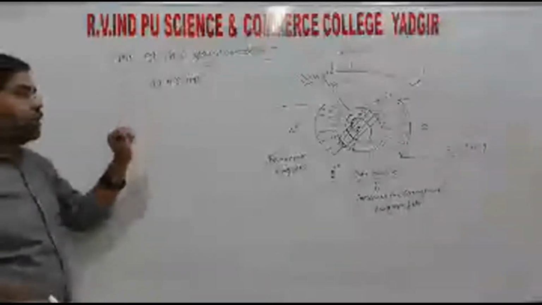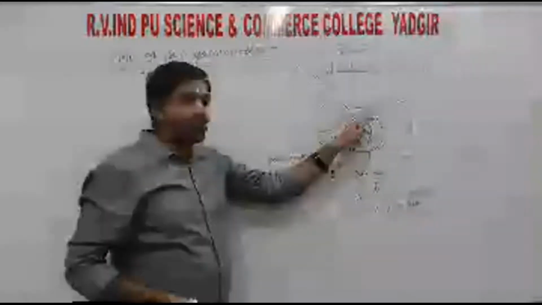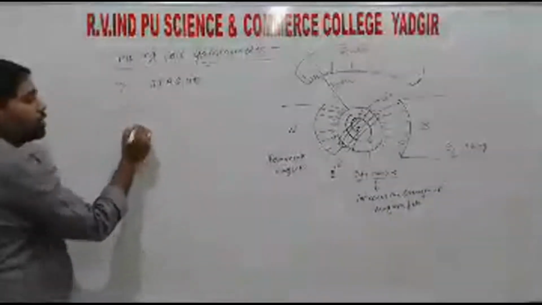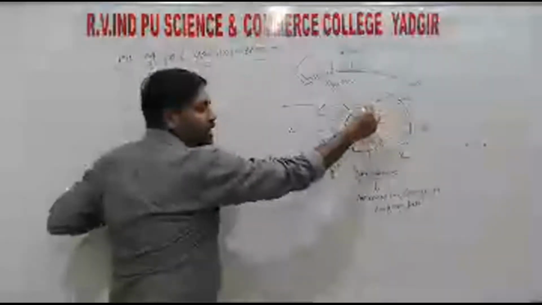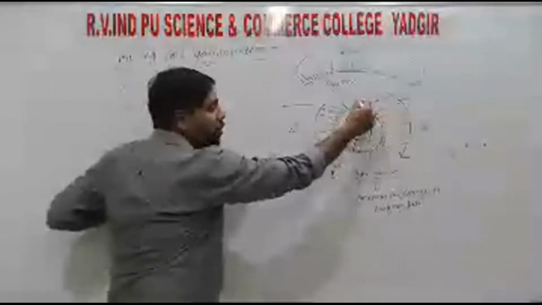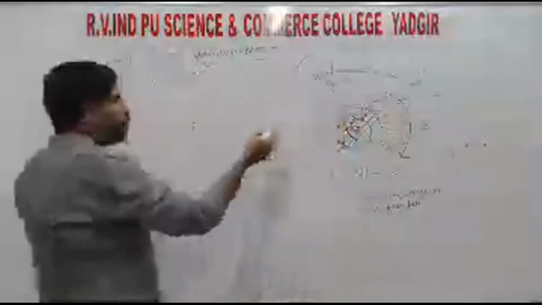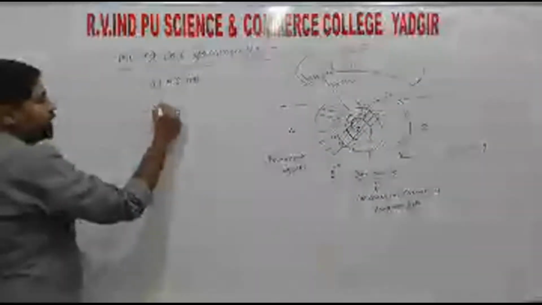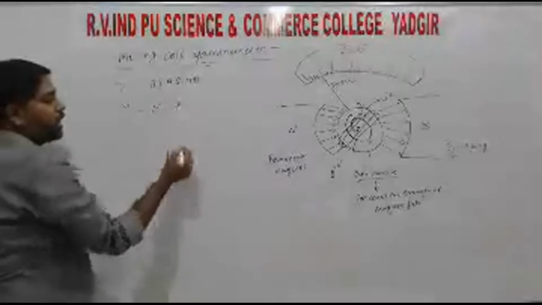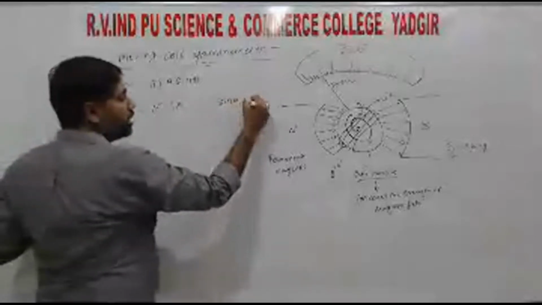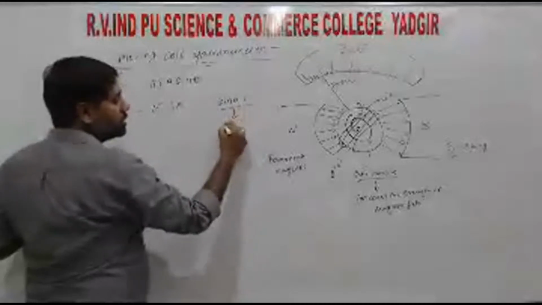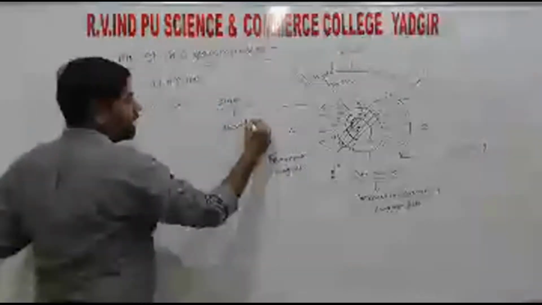So for the coil, tau is equal to NIBA, where N is the number of turns, since current is flowing in N number of turns. Here sin theta is equal to 1 because of the radial magnetic field.